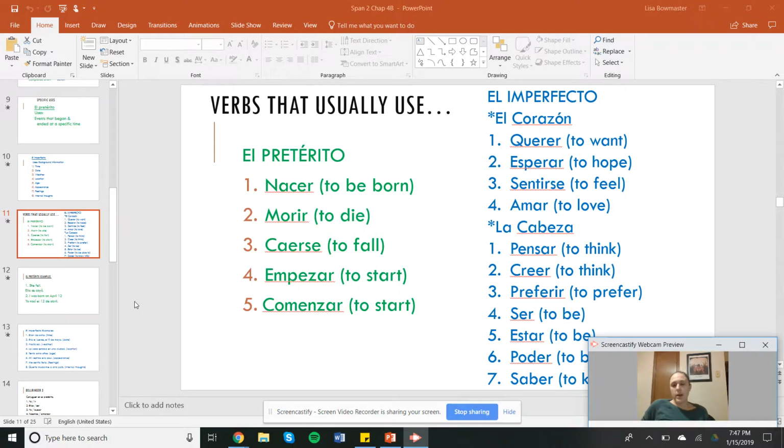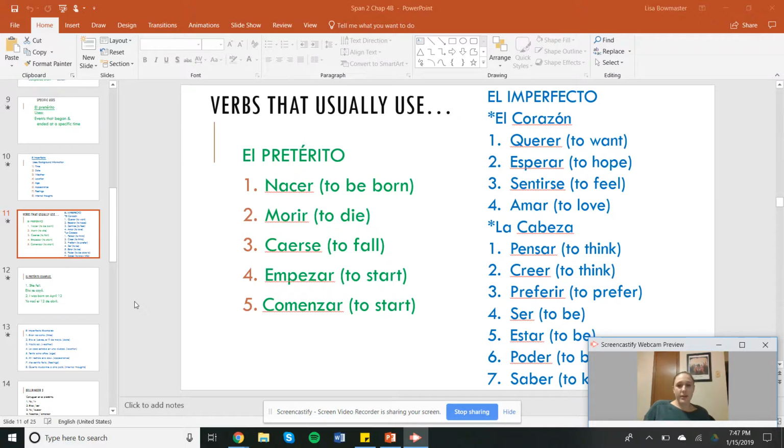To want, querer, esperar, to hope, sentirse, to feel, and amar, to love. These are things that just don't come on suddenly and end suddenly, usually. We usually don't know the specific period of time. I really wanted Fruit Loops, and I just went on my day, and it kept happening. I really wanted Fruit Loops.